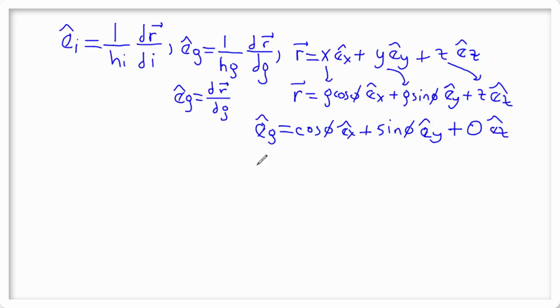In the same way, if you want to find e phi, but let's start from here first, how will e phi be? According to the formula above, will it be 1 over h phi times the derivative of dr according to d phi? Yes, it will be.